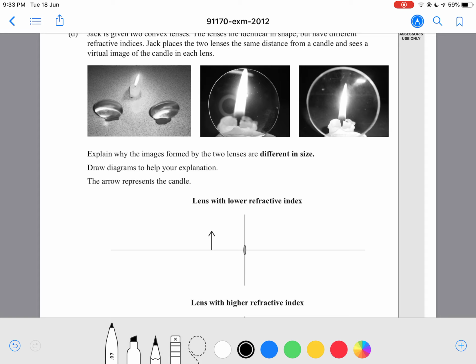Because there's less change in v, there's less bending of the ray, so the ray will not bend as much. The ray is going to move to here, hit the lens, refract downwards, and hit the focal point here.